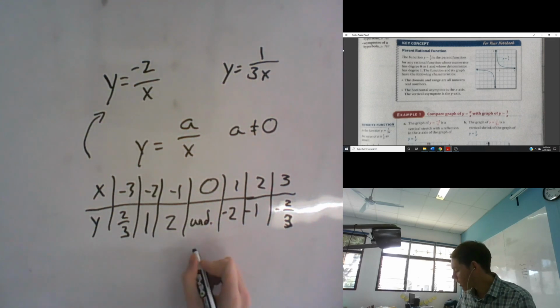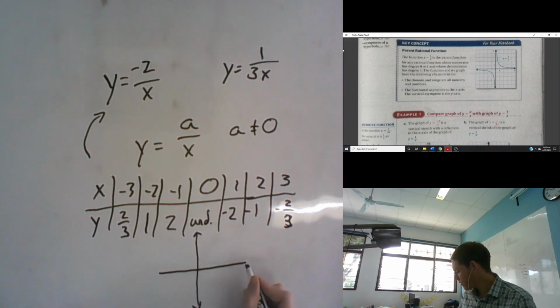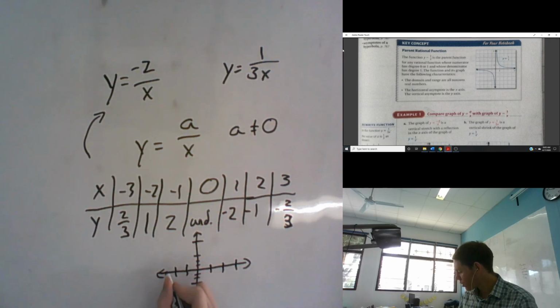So if we're drawing, this is going to be a really small graph because it just shows space. So I'm going to have the middle here. 1, 2. Sorry, I'm going to break up the 1 into smaller pieces so I can just keep track of this. 1, 2, 3. 1, 2, 3.